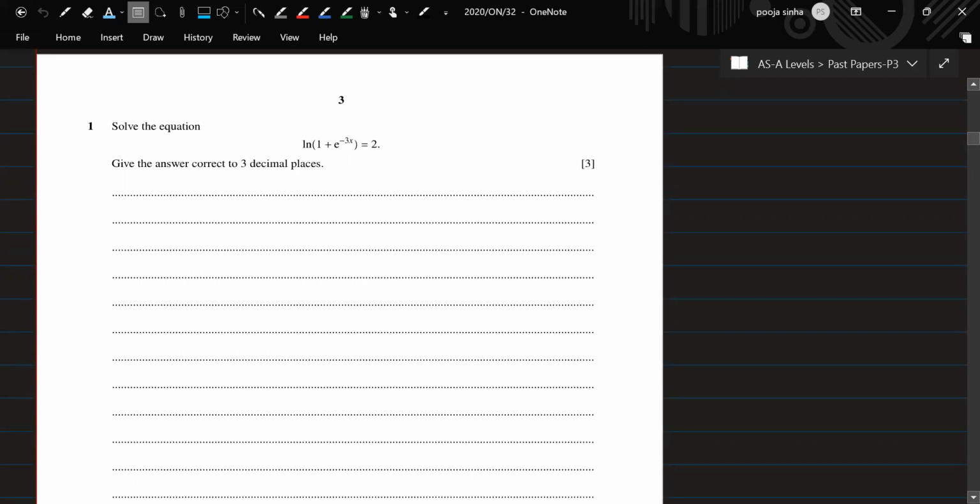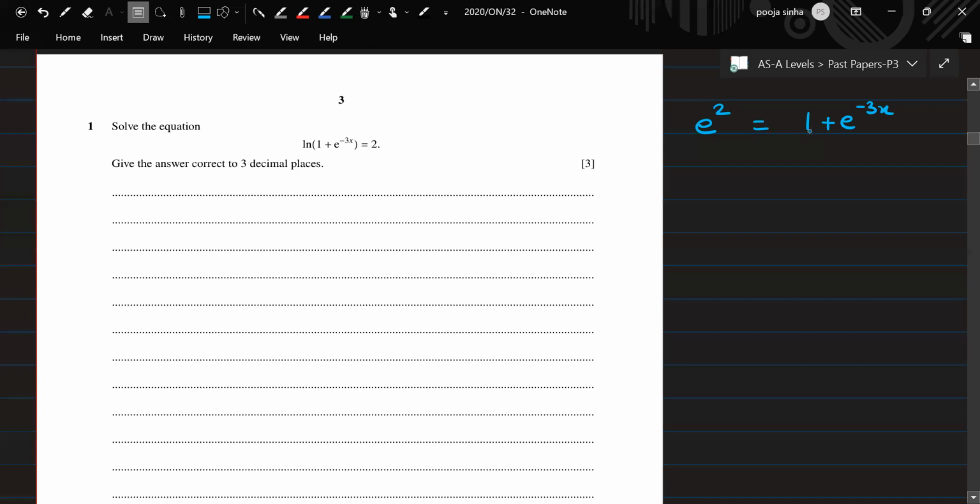But if you're making that change, then it has to be done on both the sides. So yeah, ln. Actually, we can do e to the power 2 is equal to 1 plus e raised to minus 3x. You mean to say e to the power of? Because ln becomes log e. E to the power of 2 is equal to? 1 plus e raised to minus 3x. 1 plus e raised to power minus 3x. Perfect. Now what do we do?